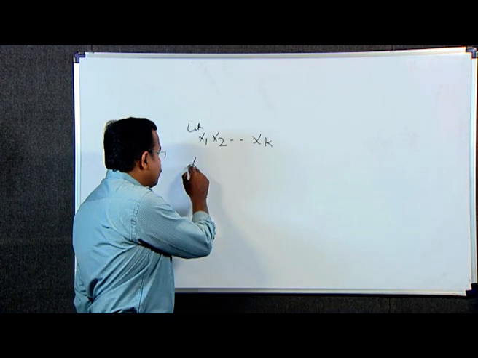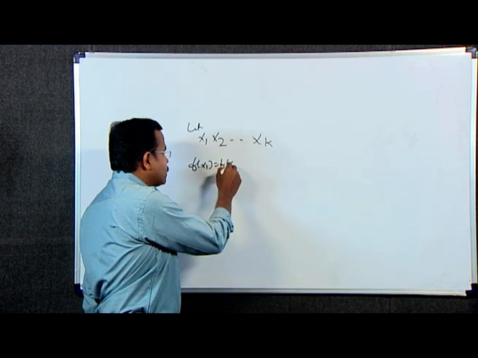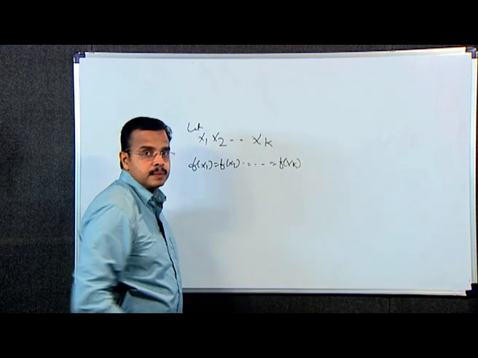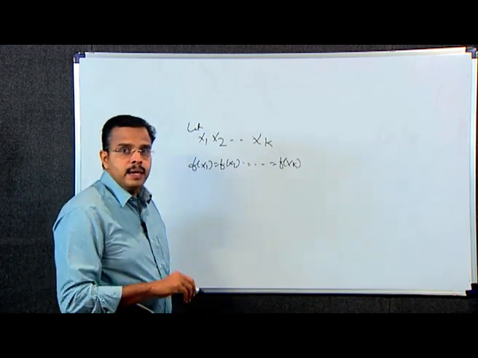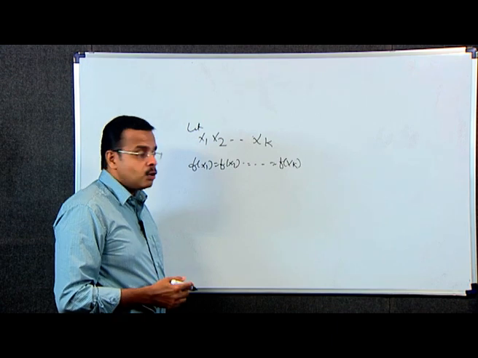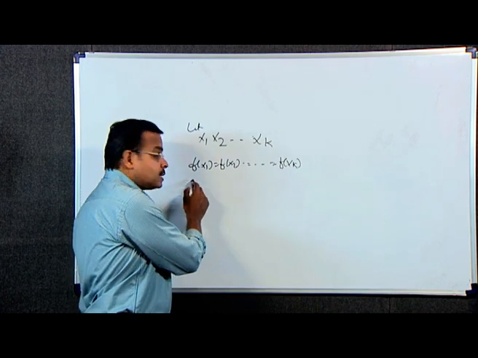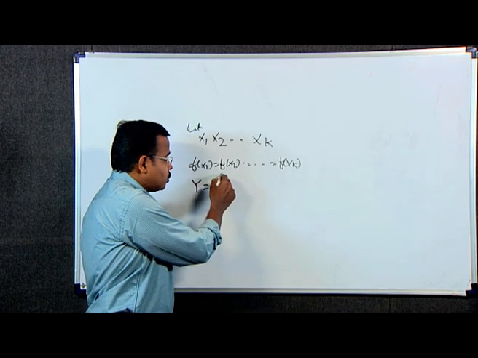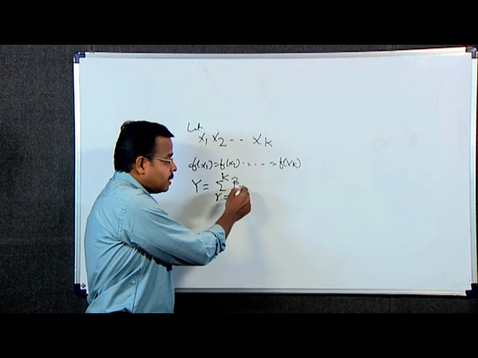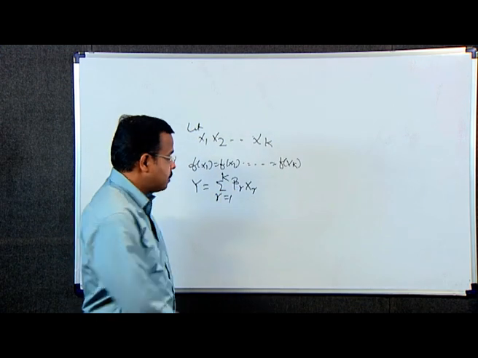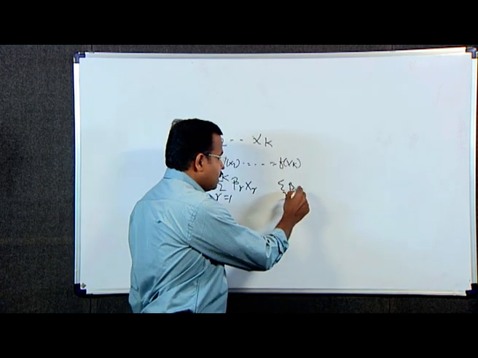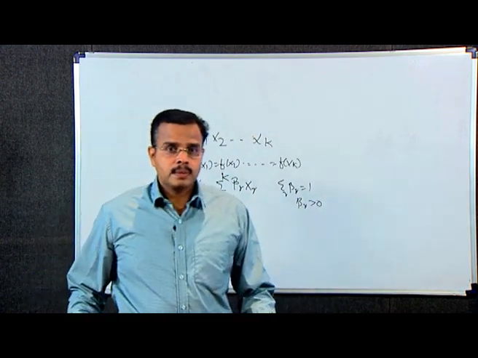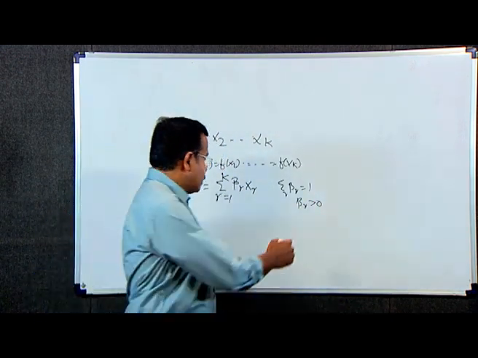Then f of x1 equals f of x2, etc., equals f of xk. Let y be any convex linear combination of these vertices, that is y equals summation of r from 1 to k beta r xr, where summation over r beta r is equal to 1 and beta r greater than or equal to 0.